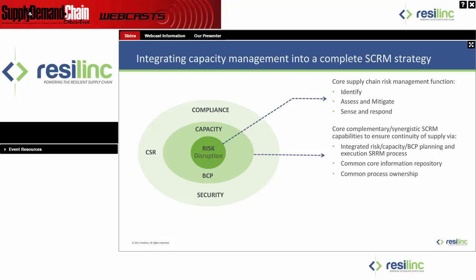Next, then you can layer on capacity and BCP solutions. Now this becomes a relatively simpler exercise because you can take advantage of the common platform, the data repository, the processes, the people you have put in place, and certainly the relationships you have developed with the suppliers.